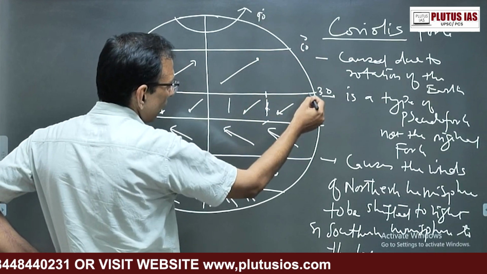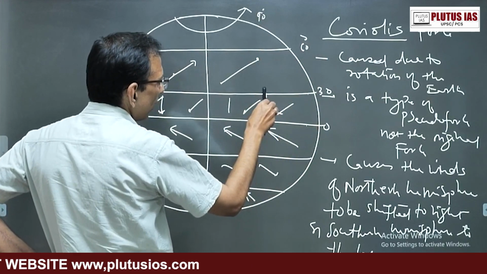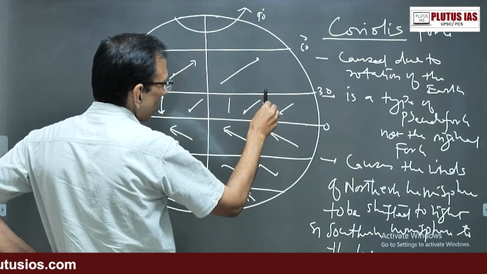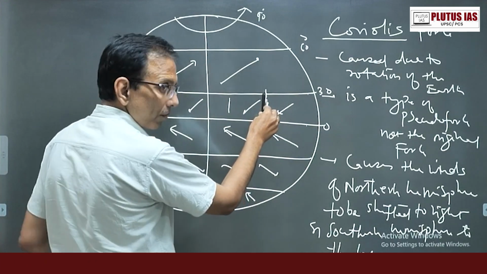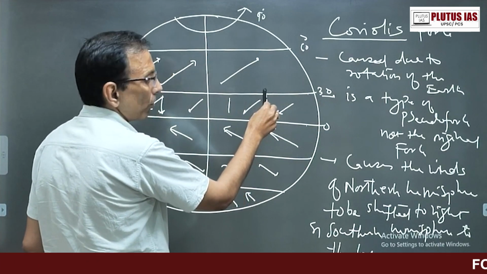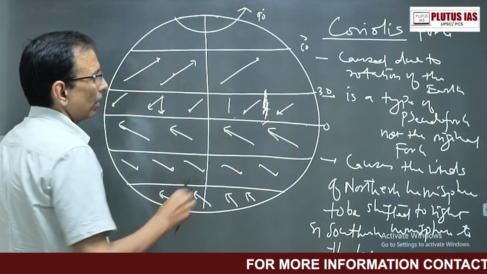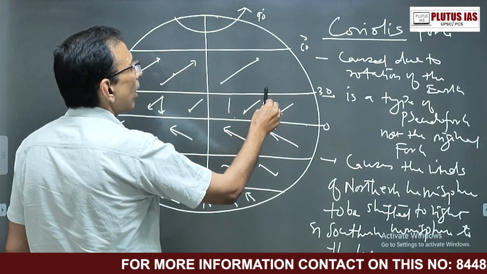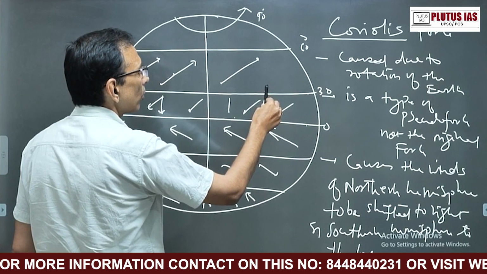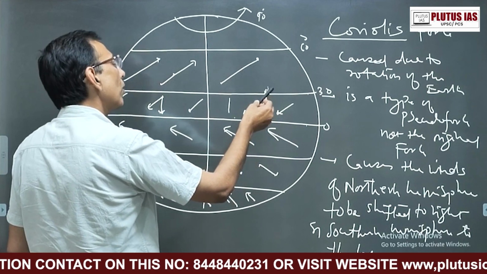Suppose wind moves from 30 degree to 0 degree, but because of the rotation of the earth some pseudo force applies and it will be twisted towards the right. Right is taken after putting yourself in the direction of movement of the wind.